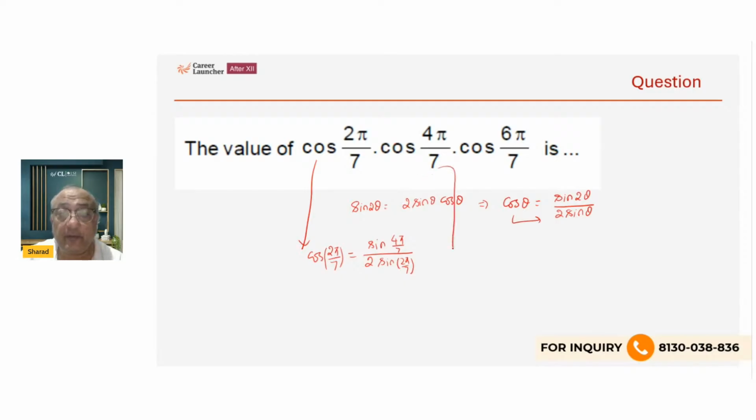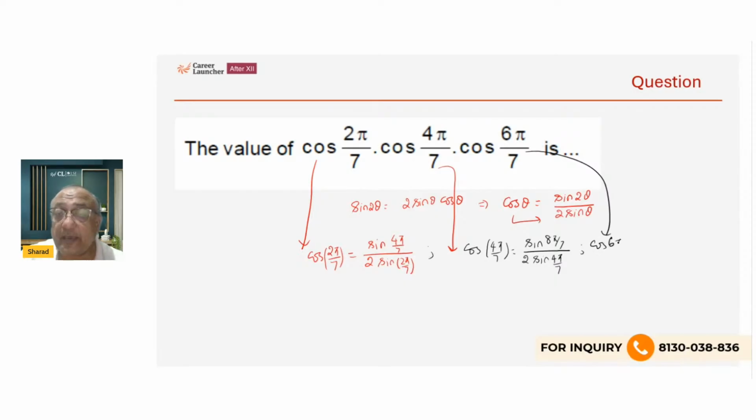Similarly, we can write this cos 4 pi by 7. What will it be equal to? Cos theta. Again, theta has changed its value. It has become now 4 pi by 7. This is sine 2 times of that angle, 8 pi by 7 upon 2 sine 4 pi by 7. And this one, cos 6 pi by 7.